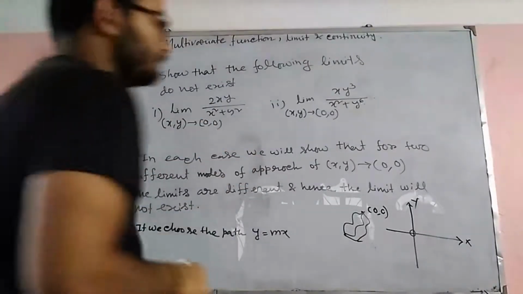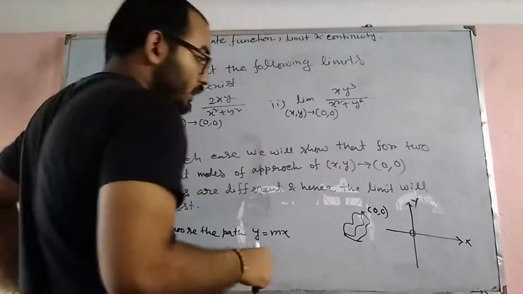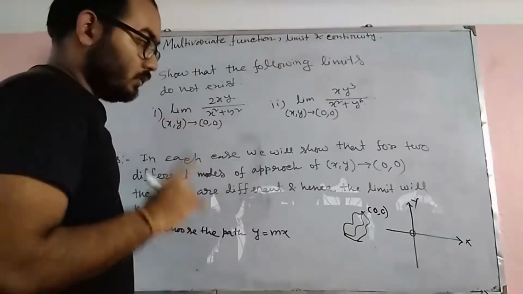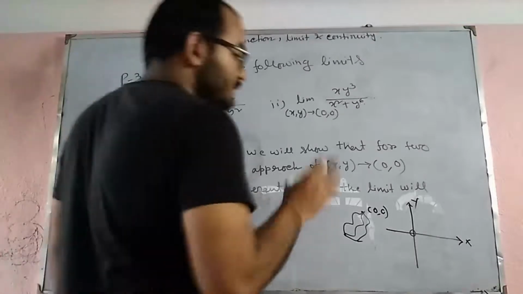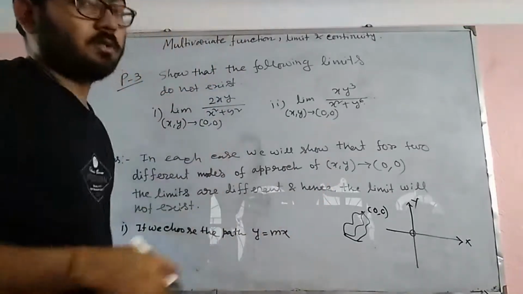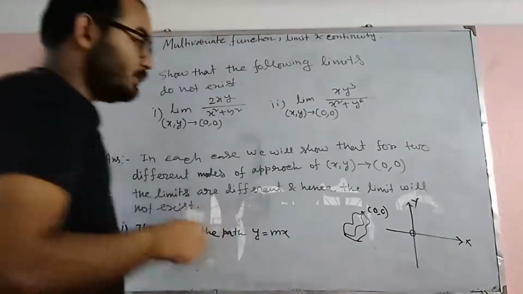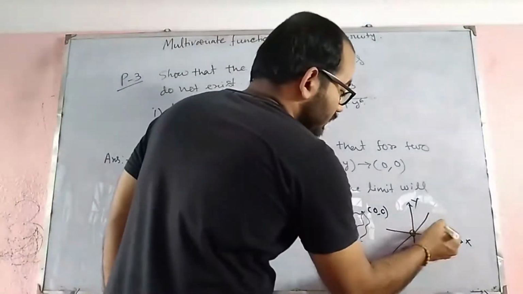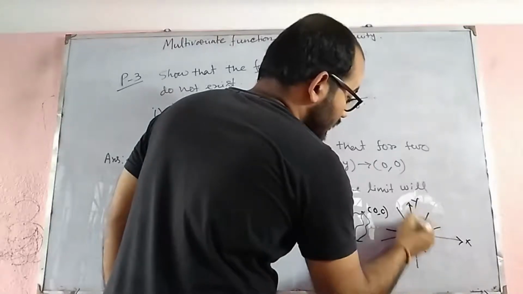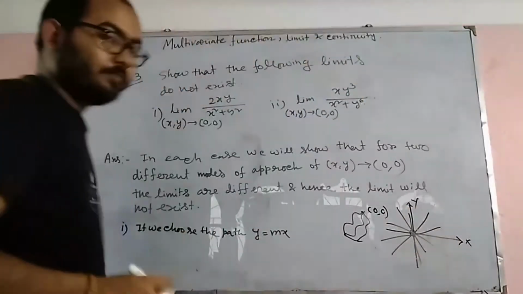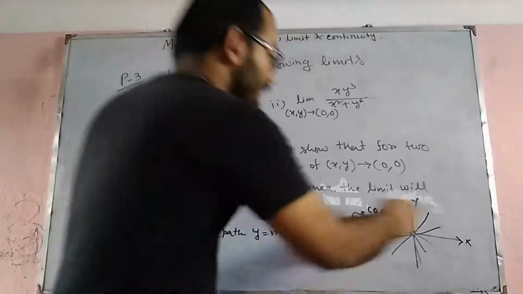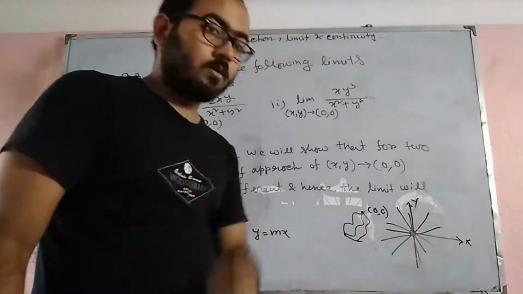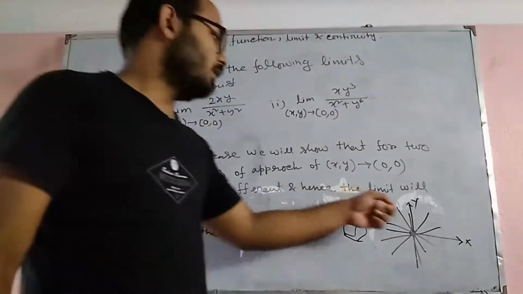We are choosing the path y equal to mx, and what is y equal to mx? This is a straight line passing through the origin, and m is the gradient of the straight line. That is why the lines are this and this and this and this. Each line has a different gradient.